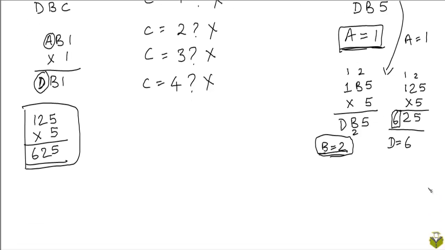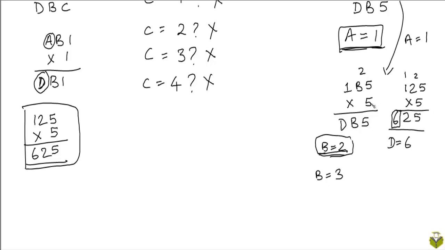Let's now put B equal to 3 and see what we get. If B is equal to 3, then we know that 5 times 5 would be a 25, so we would still have a carry of 2 into the tens position.